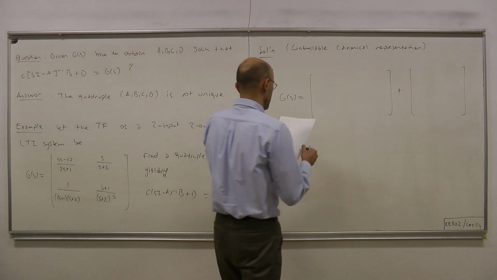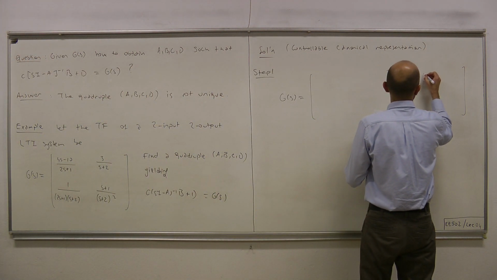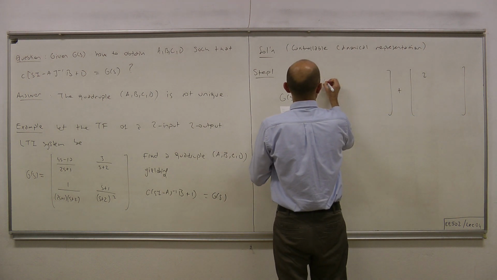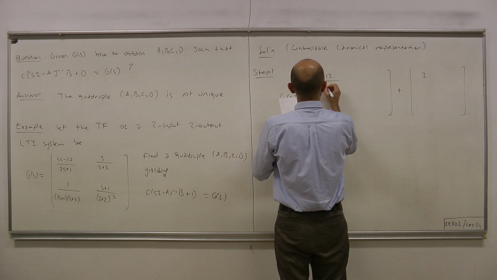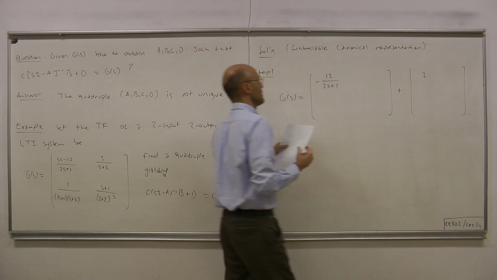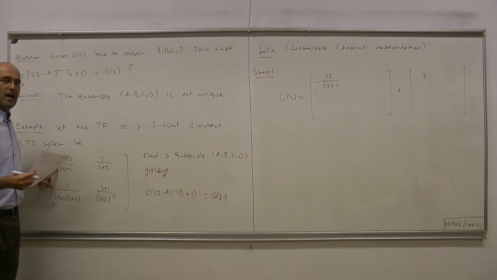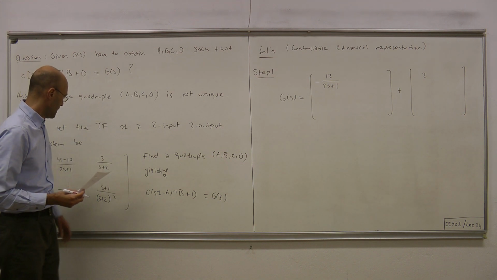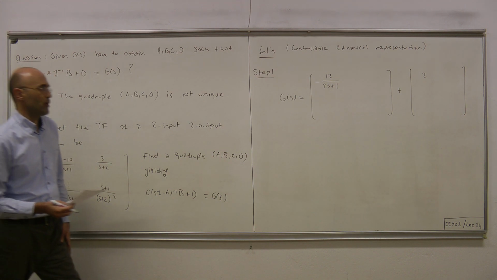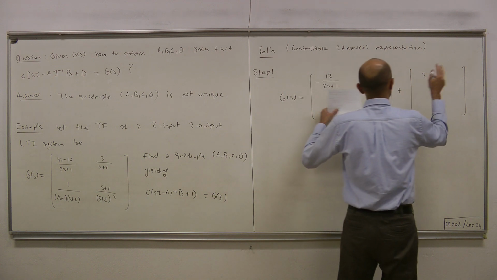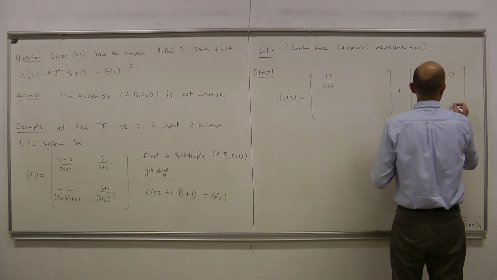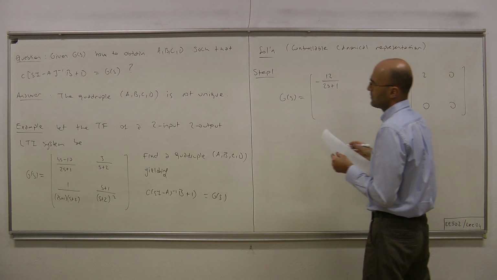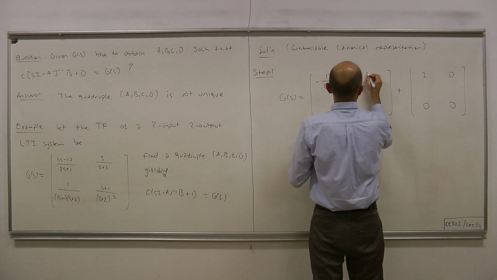If you do that, what we have is 2 plus (minus 12) over (2s plus 1). Okay? So what you do is write this as some constant plus a strictly proper transfer function. The others are already strictly proper, therefore we don't need such separation. These entries are 0 and the remaining entries are the same.